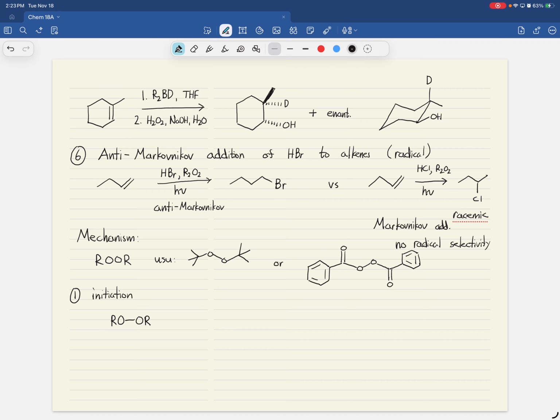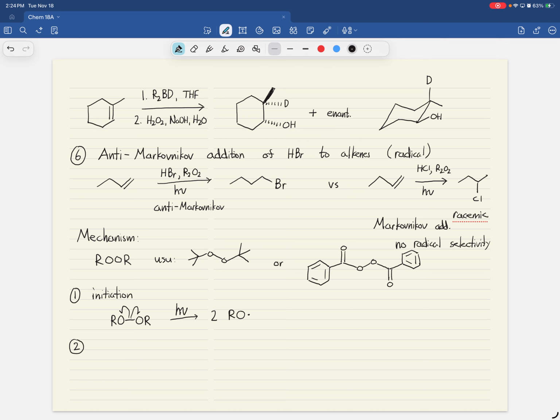Remember, this bond is the longest and the weakest, so when we shine light, we cleave it homolytically, so each atom gets one electron. We get two RO radicals, oxygen-centered radicals. They're more electronegative, but they're still lacking the octet, so they're pretty reactive. So that's initiation. You generate the initial radical.